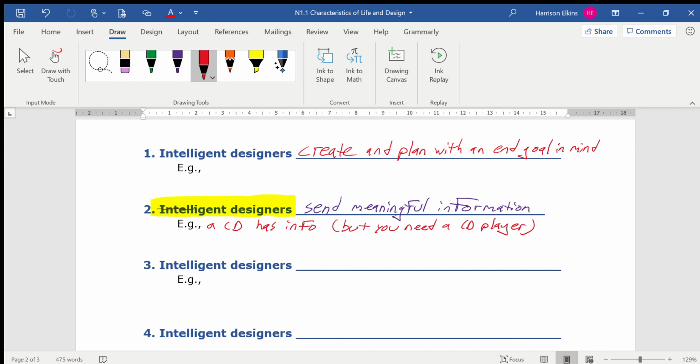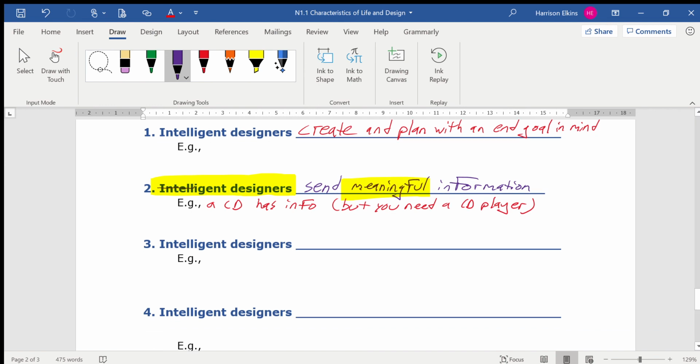So I need to be able to send meaningful information in a way that you can understand, in a way that I can write. Life does the same thing. Life has a lot of information that it relays, that it has, and that it reads and interprets.